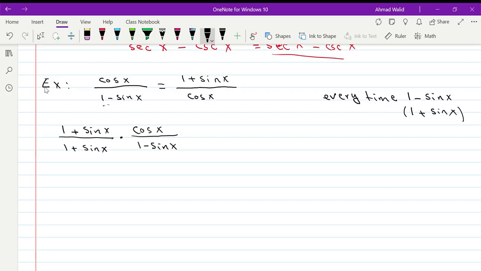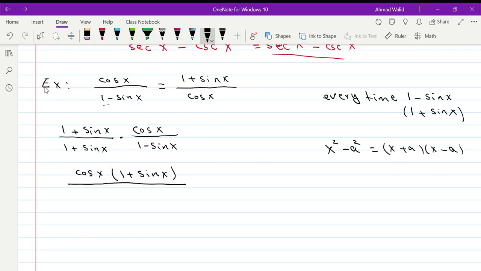Those of you who had math classes immediately know what it means. Keep the numerator in this form, cosine x times 1 plus sine x. Multiply the denominator. Do you remember this formula, the difference of squares? x squared minus a squared is equal to x plus a times x minus a, right?